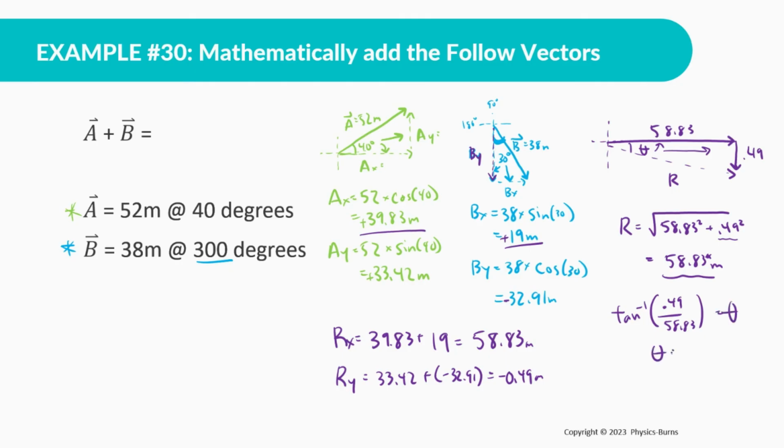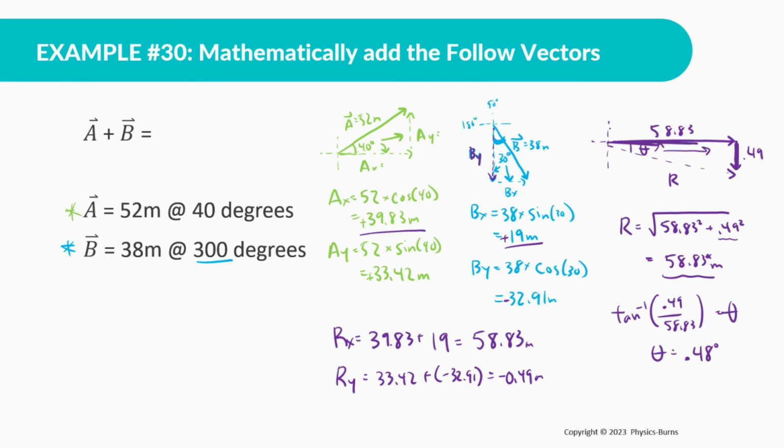And this is going to give us theta, 0.48 degrees. That makes sense because this number is so low compared to this side over here, so it's going to be a really low angle.